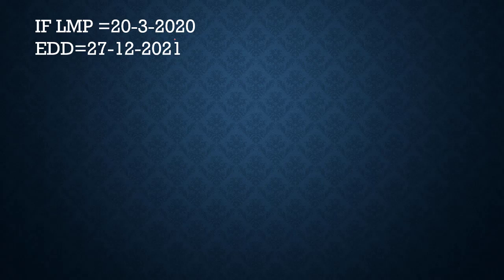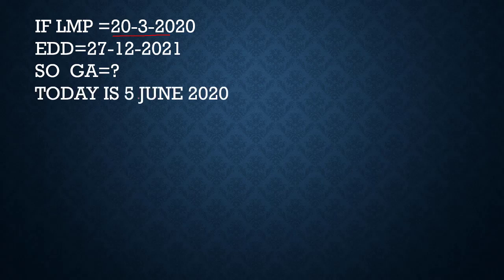So now we will calculate the gestational age, the age of the fetus. For this, we have to count the days after the LMP till today. For example, if the LMP is 20 March and today is 5 June, we will count the days from 21 March till 5 June.